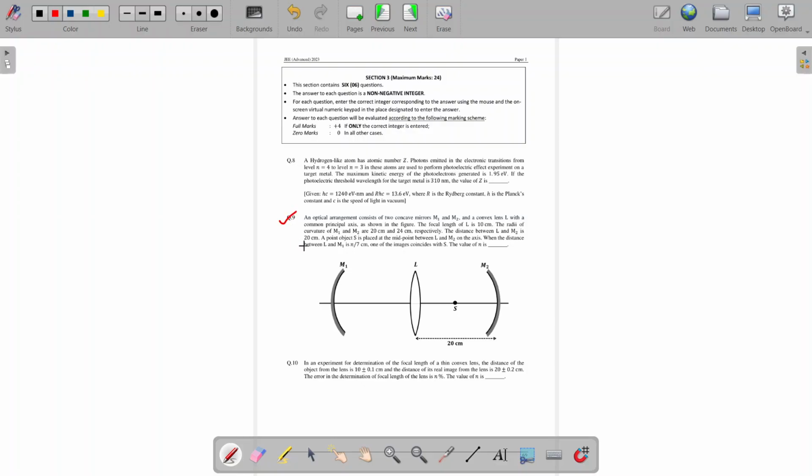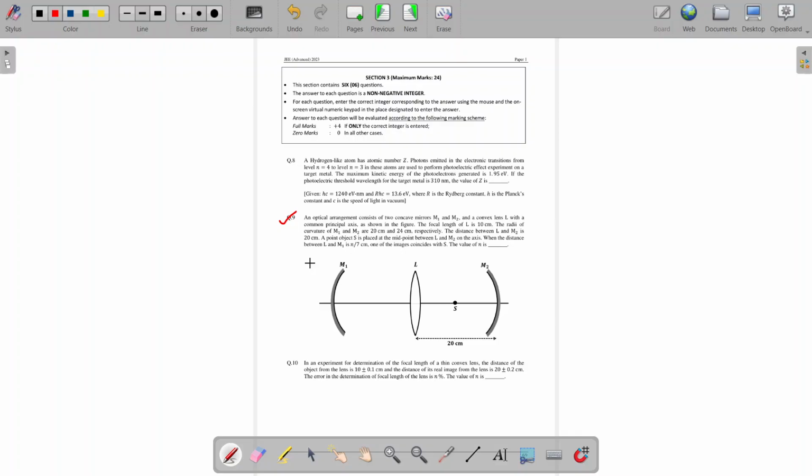So this question has two mirrors, M1 and M2, and a lens kept in between these two mirrors. The radii of curvature of mirror 1 is 20.